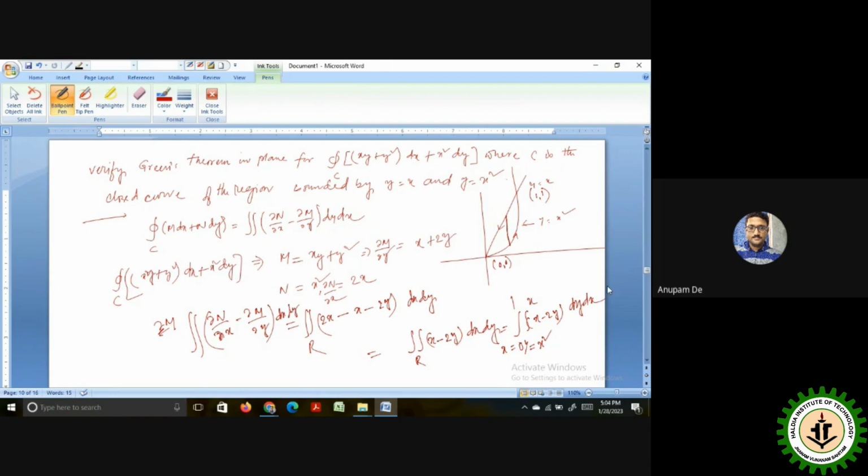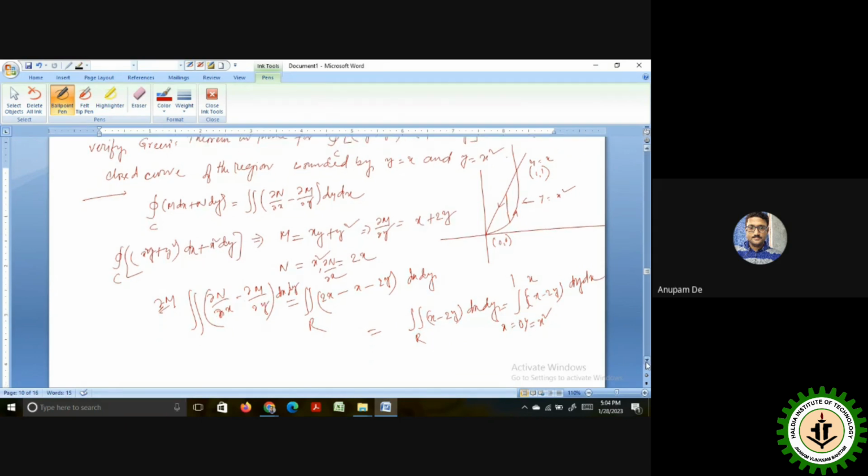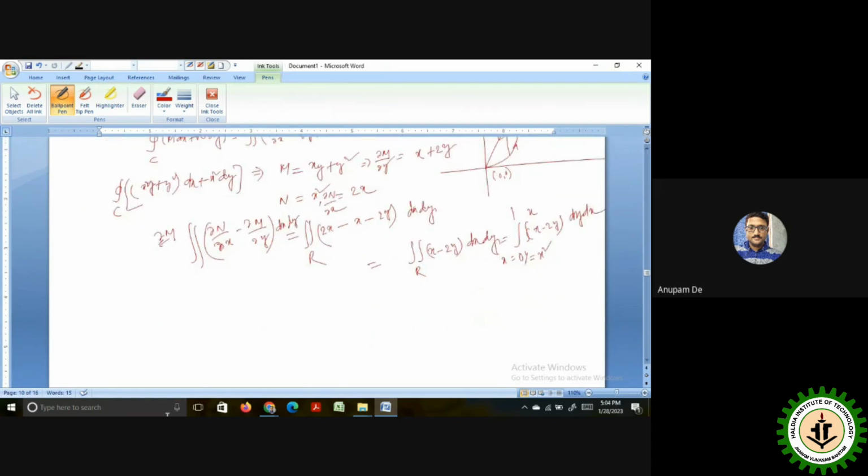Now you integrate with respect to y first, because the limit on y is given first, so you have to first integrate with respect to y.